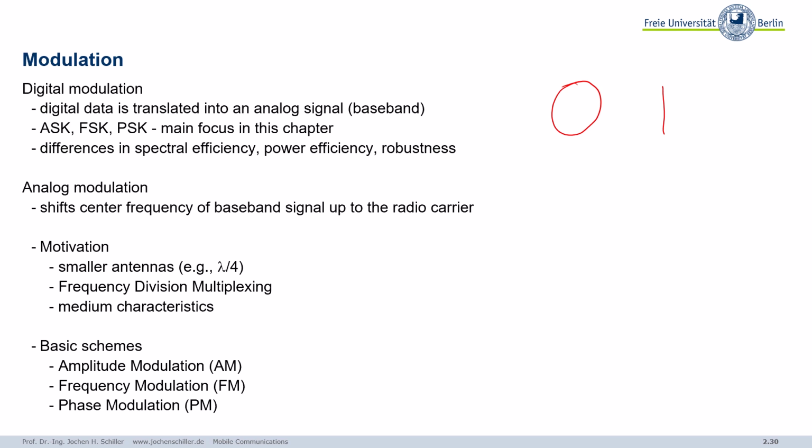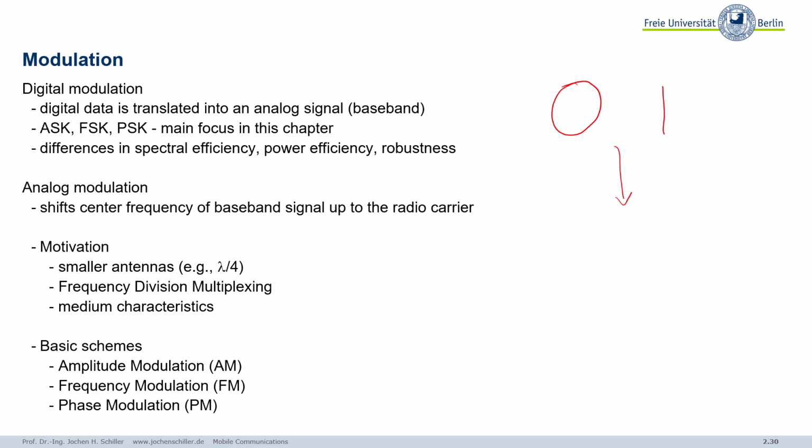So the first step is the translation of this digital data into an analog signal, a so-called baseband signal. We can use different means there, but for example, we do some so-called amplitude shift keying.